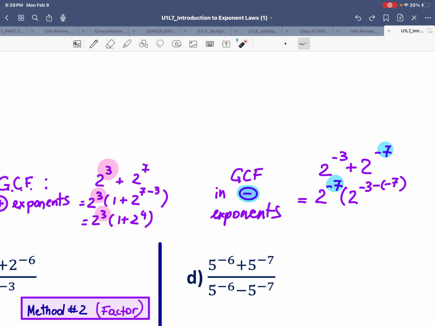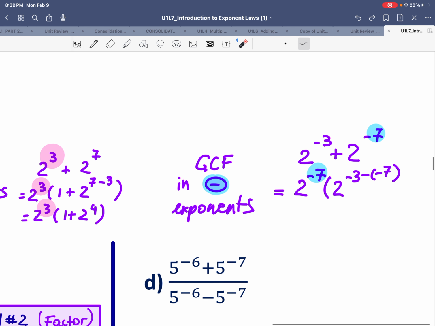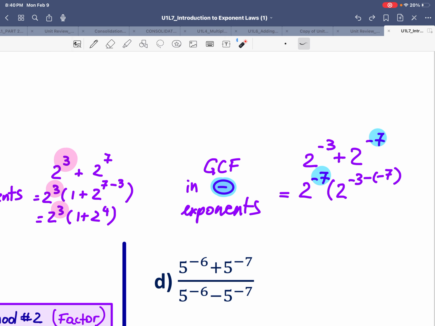So if you take 2 to the negative 7 out, that means the exponent of 2 to the negative 3 is going to be negative 3 minus whatever power we have factored out. That takes a little bit of time sometimes to sink in, but I hope this explanation explains it. If you have any questions, by all means, come and see me for extra help, and then we'll have a nice little discussion about it.